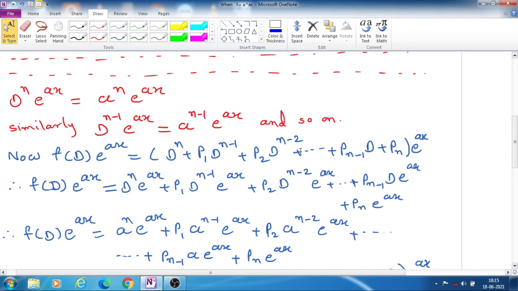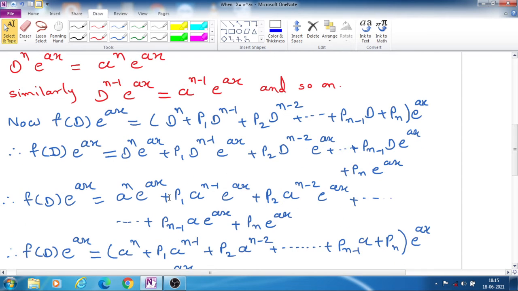Now to find the value of this, we have to operate each term in the bracket on e raised to ax. Therefore D raised to n e raised to ax plus p1 D raised to n minus 1 into e raised to ax plus p2 D raised to n minus 2 into e raised to ax and so on, the second term from last pn minus 1 D e raised to ax plus the last term pn e raised to ax.